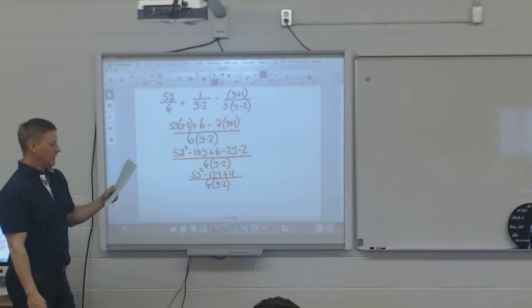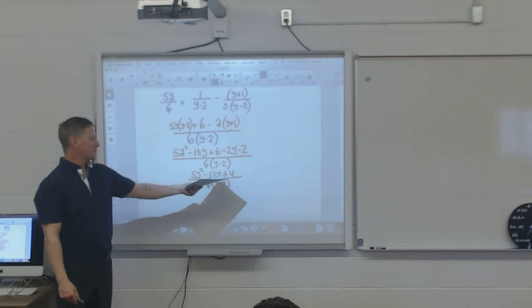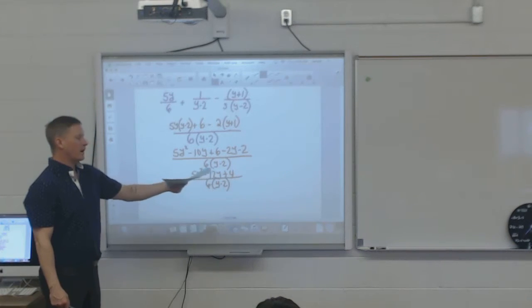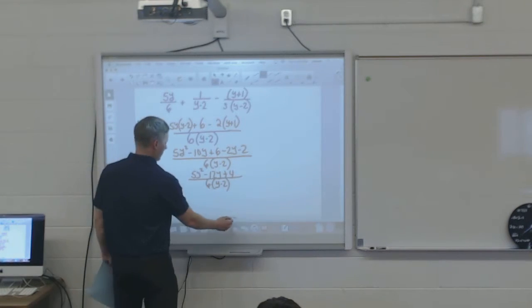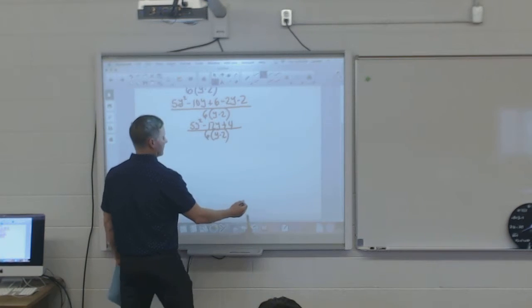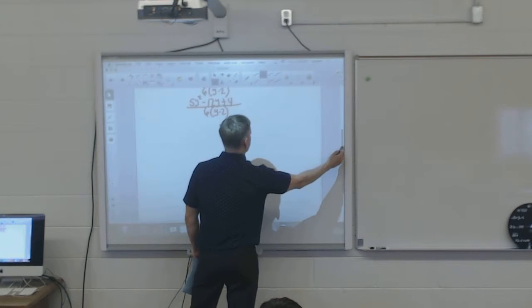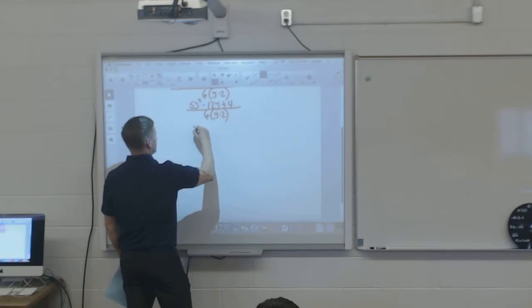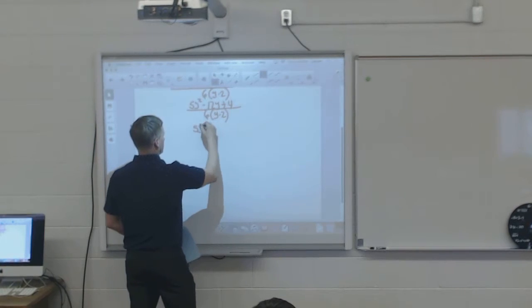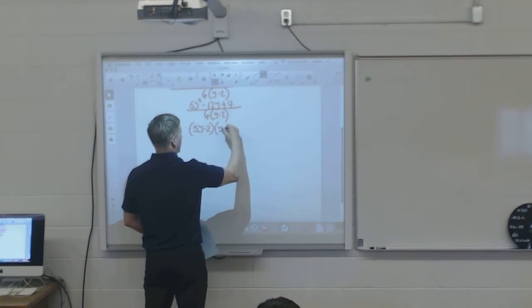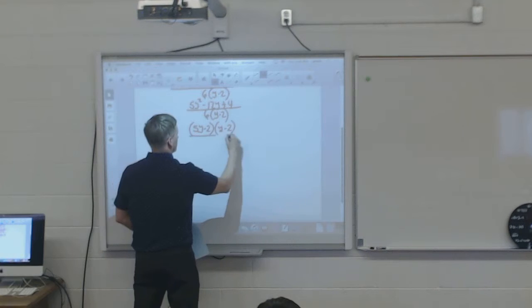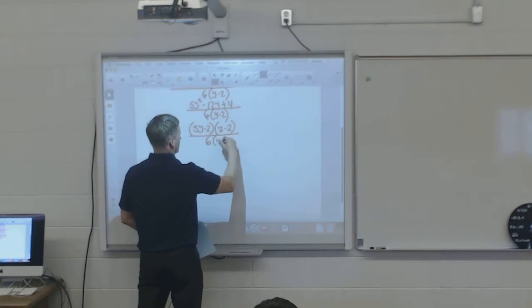If you want, you can ask later. But 5y squared minus 12y plus 4 is factorable. This factors to 5y minus 2 times y minus 2 over 6y minus 2.